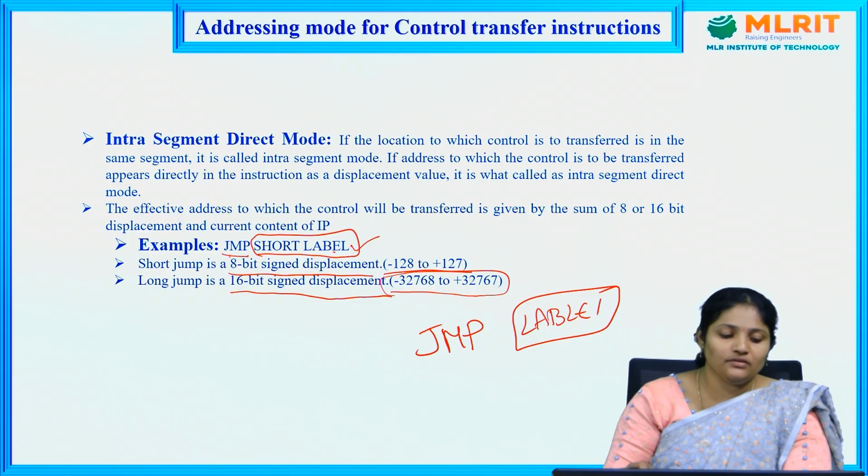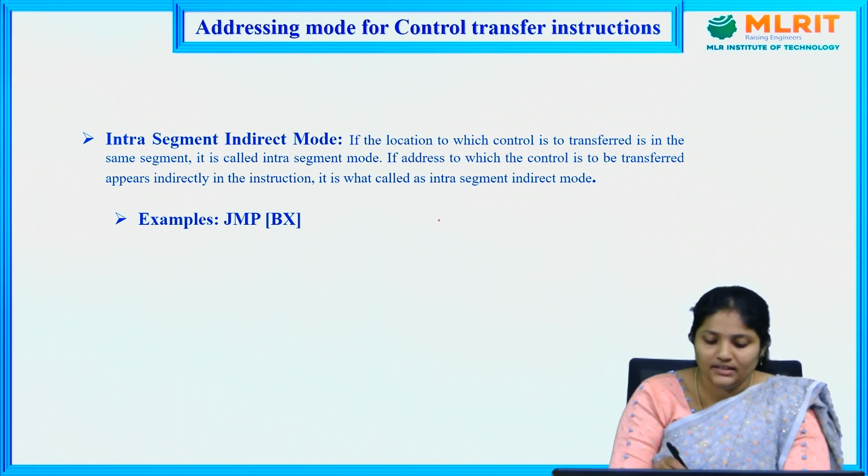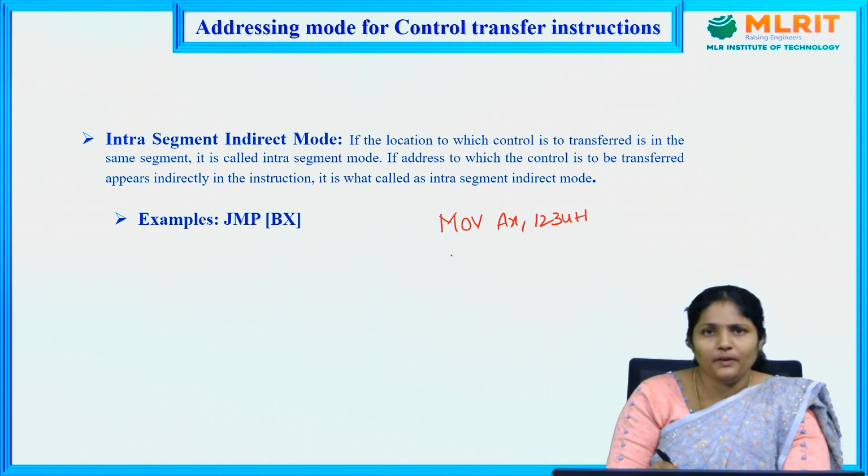Now coming to the second one, the intra-segment indirect mode. Here we mention the address, but not in a direct way; we mention it indirectly. Let us consider an example: a program to identify whether the given data is even or odd.